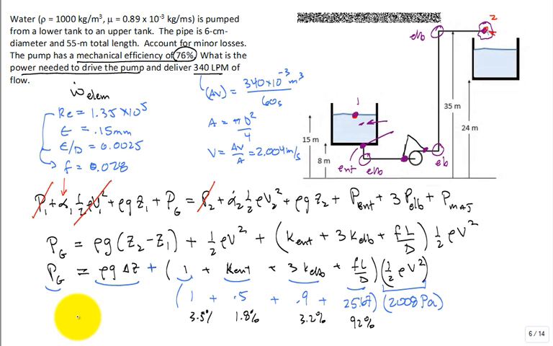Okay, so what we do is we have the rho g delta z. The delta z is calculated. Can you see what the delta z is? Is it 20 meters? And so the pressure that the pump has to put out is 196,000 Pascal.